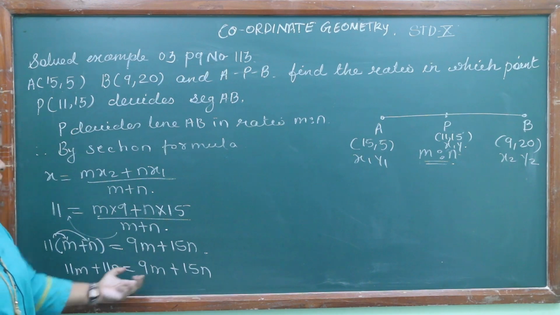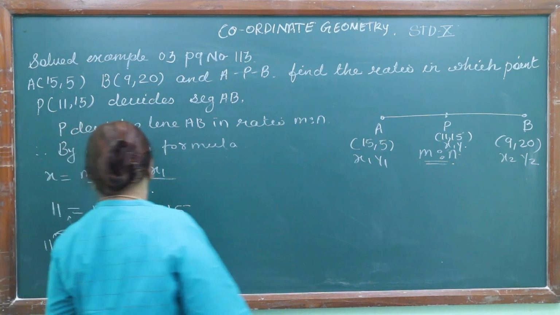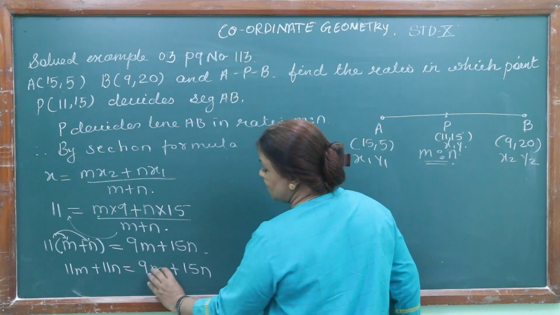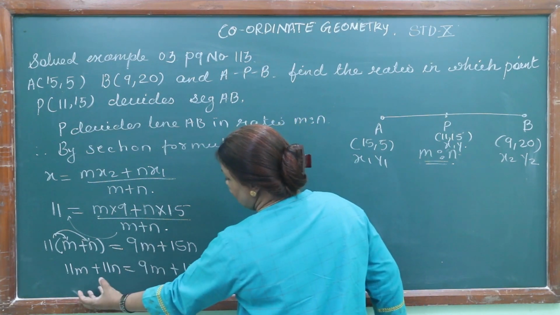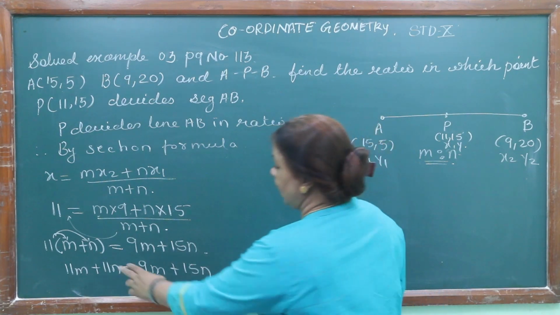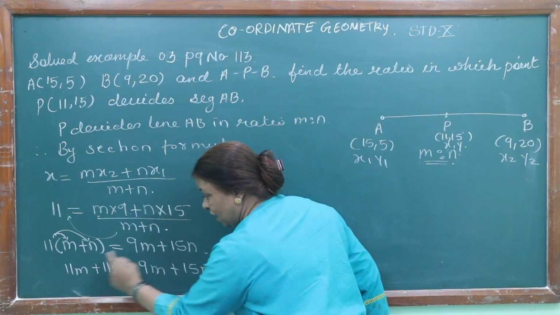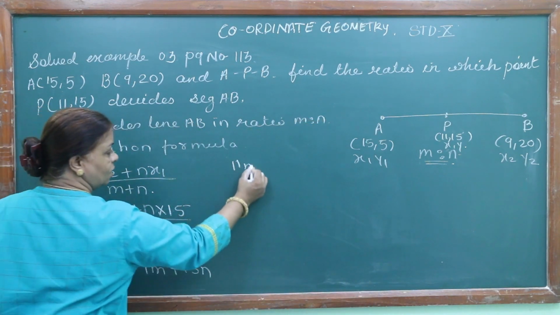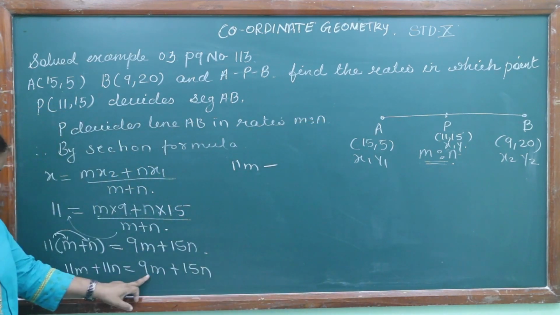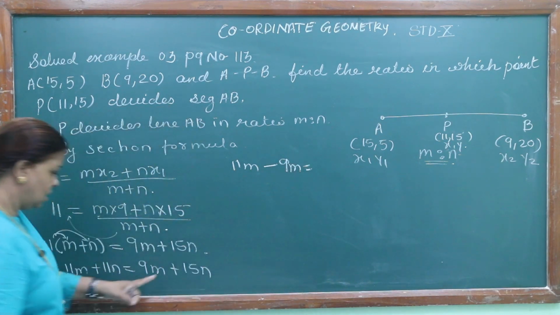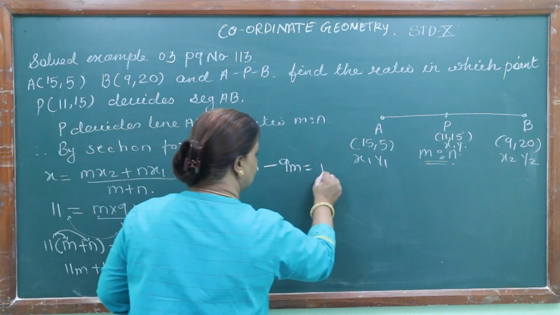Now what I will do, all two variables are there, that is m variable and n variable. I'll shift one variable one side of the equal and another variable to another side of the equal. M is here, m is here. So I will take all m to one side. So it will be 11m minus 9m equal to, already 15n is here.